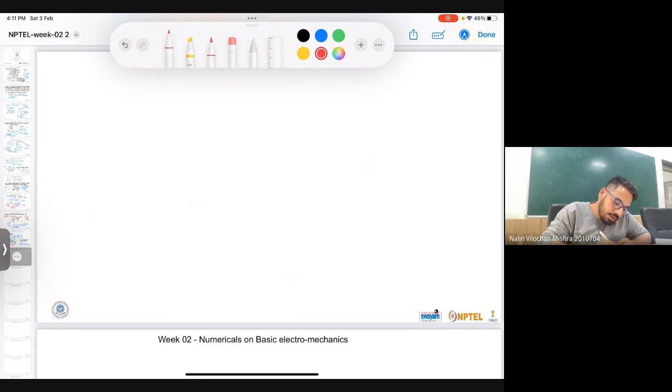So we can make it like this. This is C gap and this is C dielectric.